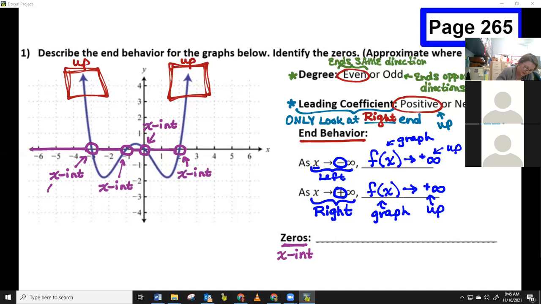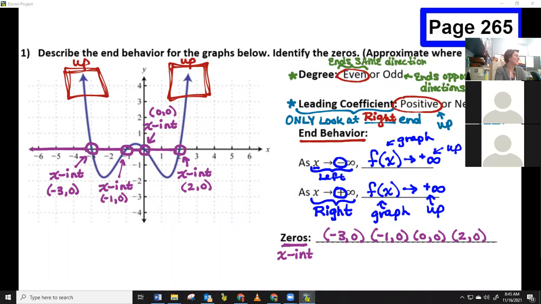We have -3, 0, -1, 0, 0, 0, and 2, 0. So that's what I need on my line: -3, 0, -1, 0, 0, 0, and 2, 0.